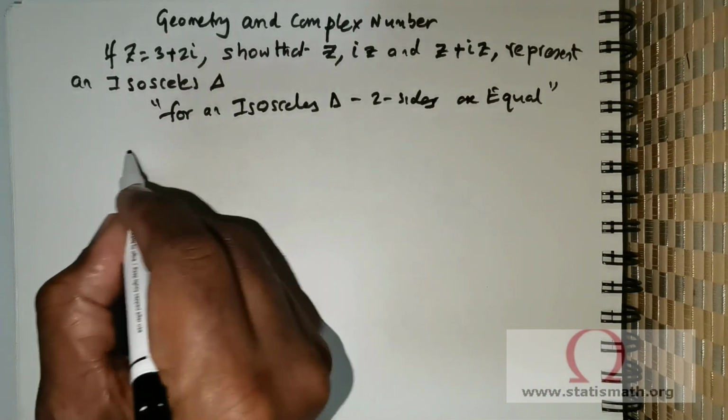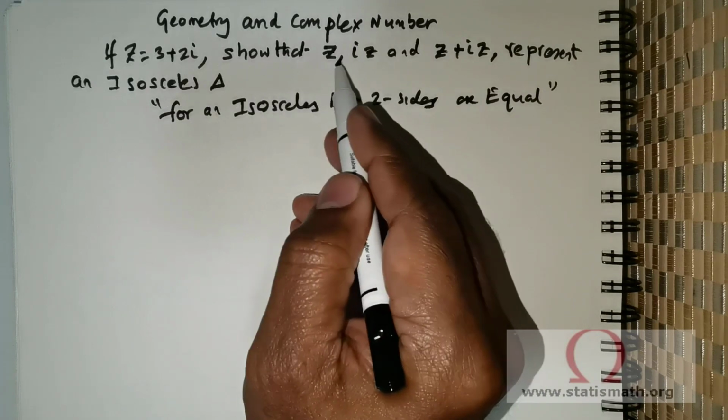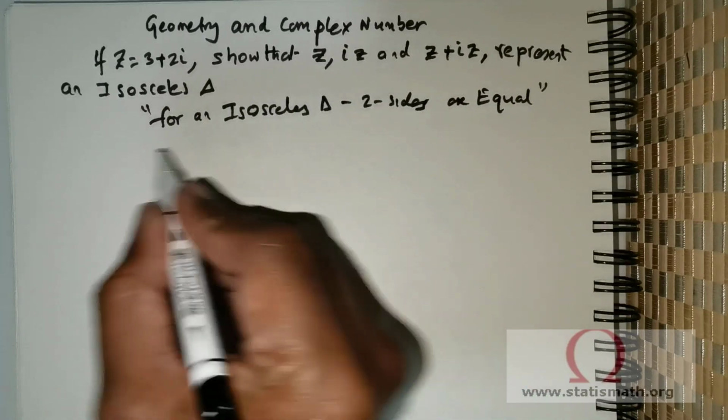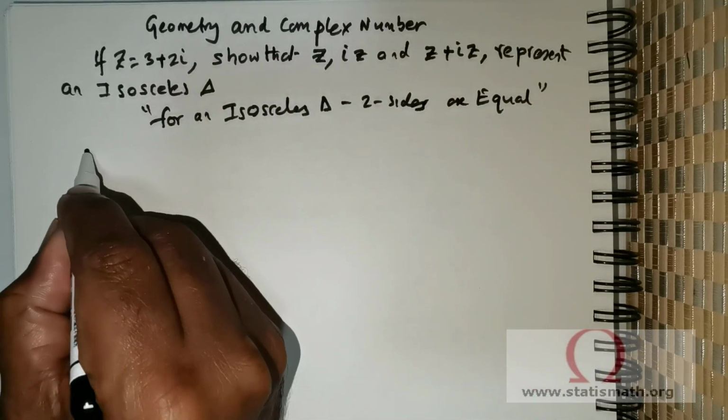So we start off by assigning the complex numbers to the vertices. So this is how we are going to do.